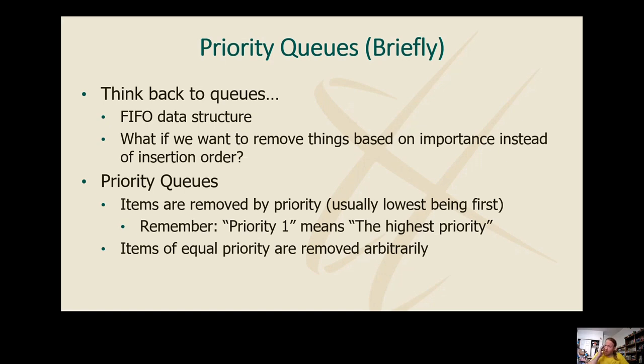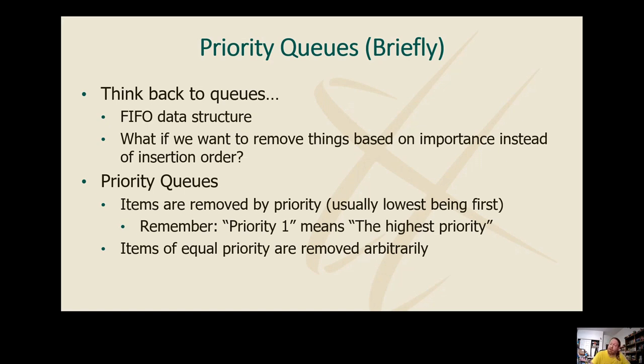And the reasoning is this. If you said, well, that one went in first, that one should come out first, that's great. You should have given it a higher priority. Because you are saying that inherently that thing has an importance that you did not fully express, right? That is the argument.